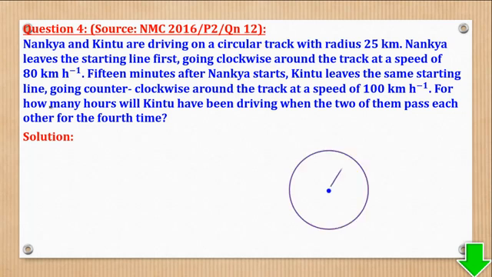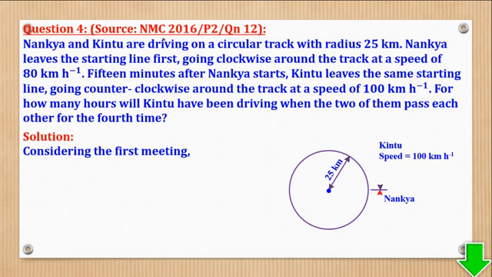So this one required you to make a sketch. So you come and draw a circle with the center, and the radius is 25 kilometers. Then, considering the first meeting, we shall put a starting point. So Chintu is this side, Nancha is this side. Nancha is going to first move for 15 minutes, then Chintu also starts, and somewhere they are going to meet.